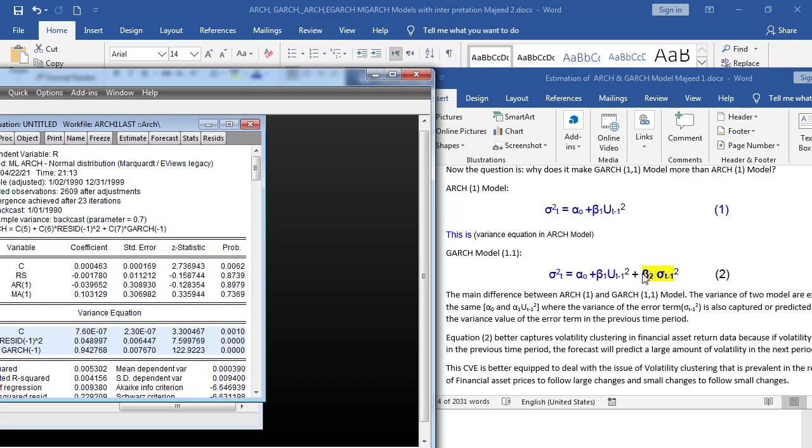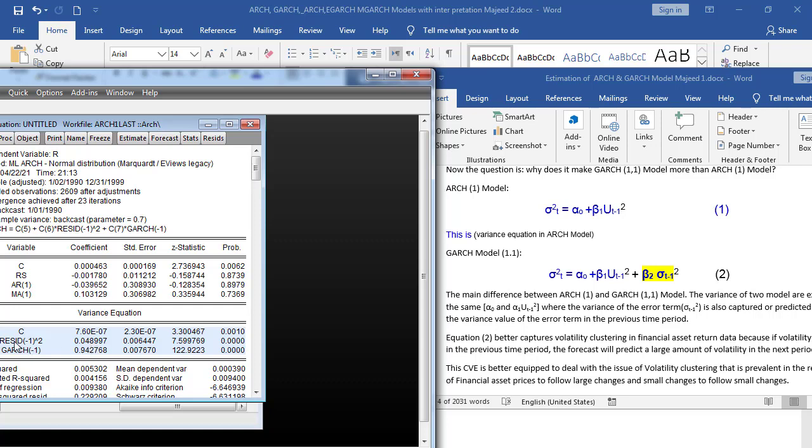And here we have to look at the main differences in the interpretation of the outcome. Beta 1 plus beta 2 is 0.99, something, which is less than 1.